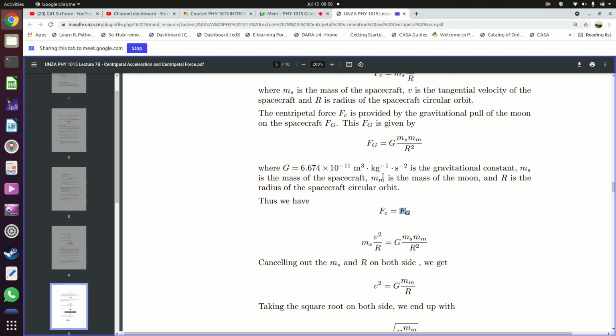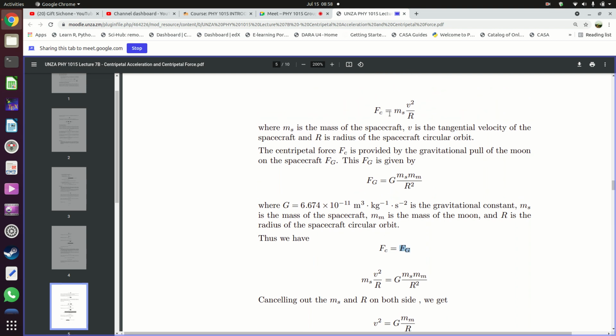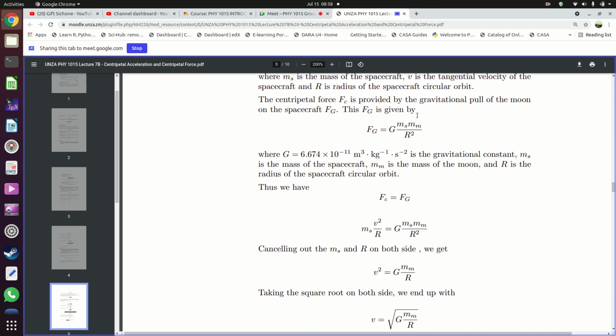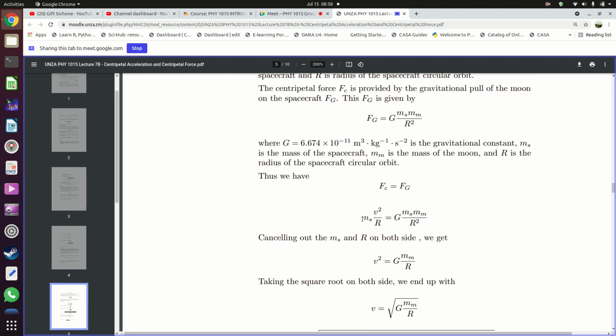So our Fc is equal to ms v squared over r. Then our Fg is capital G ms mm divided by r squared.